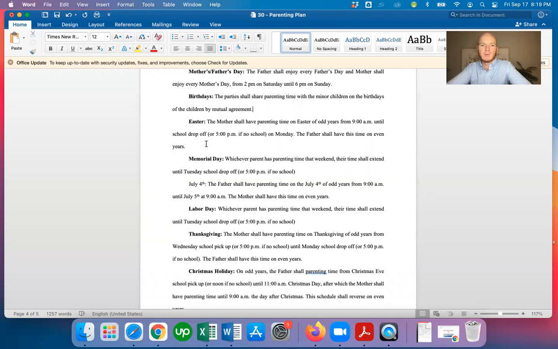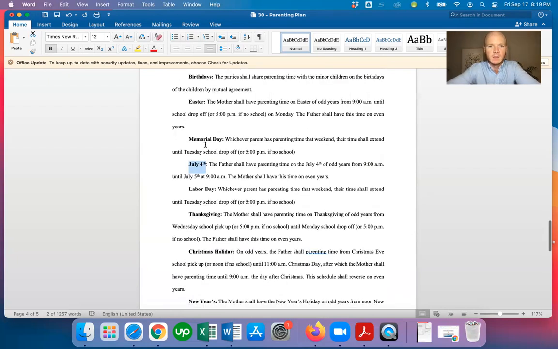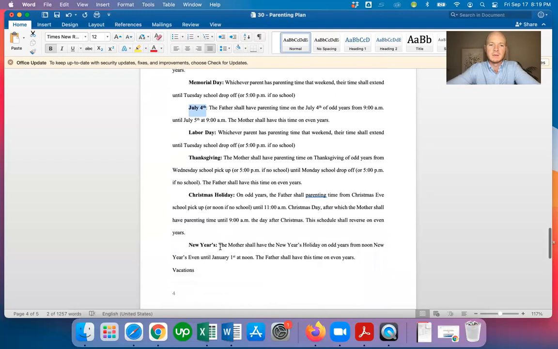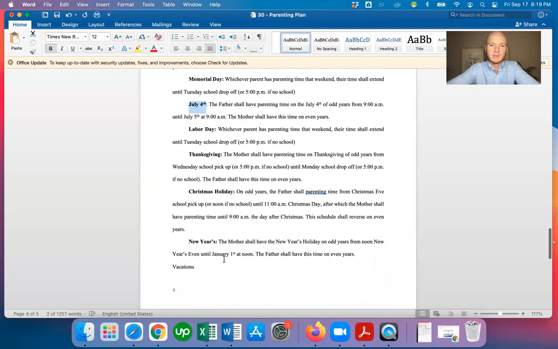But this can very much be tailored to however people want to work out their holidays and what their families have done historically. So the standard ones that are often in there are Easter, though sometimes it's not necessarily in there. More commonly, you have Memorial Day, July 4th, Labor Day, Thanksgiving, Christmas, and New Year's.